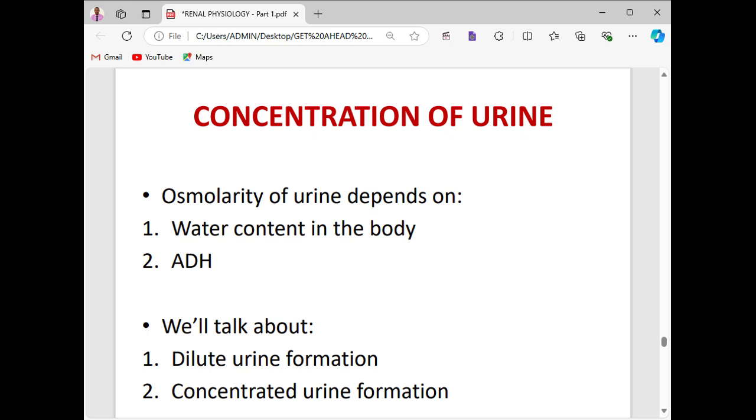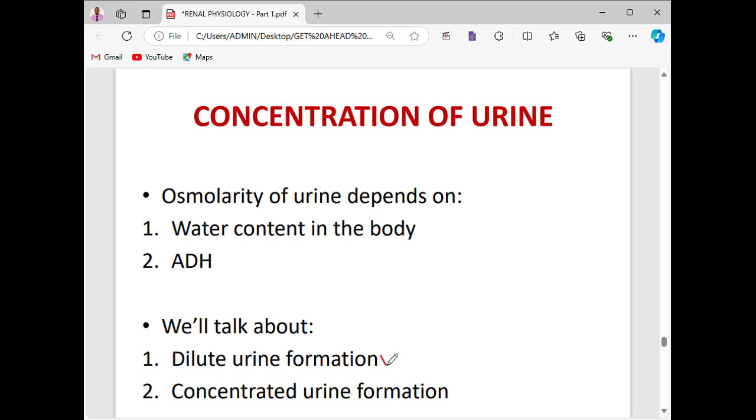Normally urine is concentrated and its osmolarity is 4 times the normal osmolarity, that is 1,200 milliosmoles per liter. You need to understand that osmolarity of urine basically depends on two factors: the water content in the body and antidiuretic hormone.